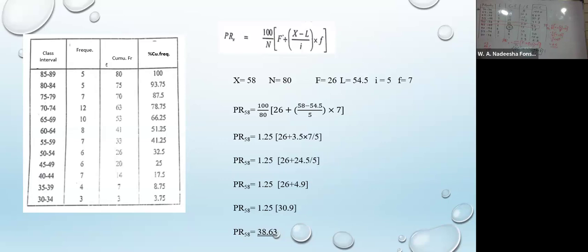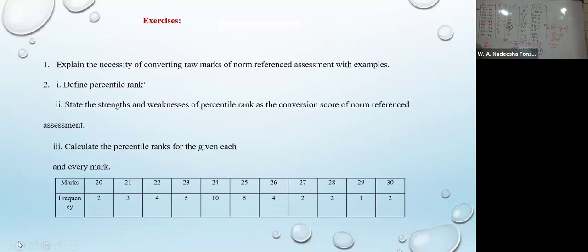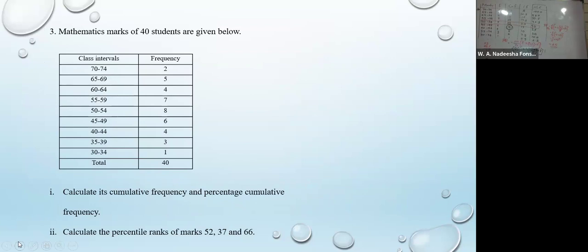Clear? Is it clear? Yes, ma'am. So you can do 37 and 66 by yourself. 37 is here, then 66 is there.